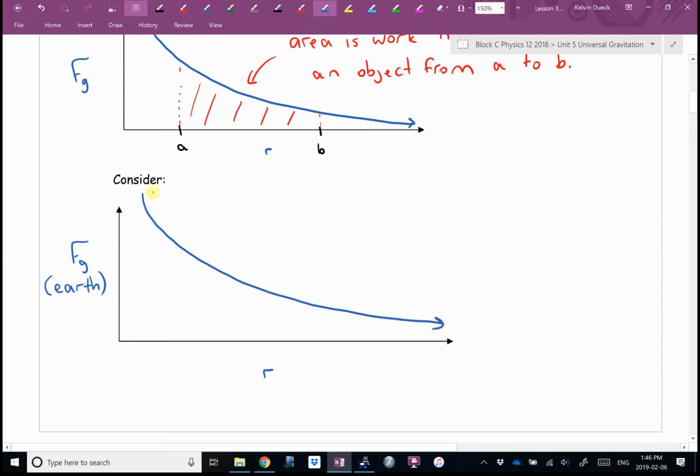But now, instead of putting a random point A and a random point B, I'm going to put a point right about there, and that's going to be the radius of the Earth. This is where the Earth's surface is. The center of the Earth would be right on the y-axis, but I don't care about that. And here, this might be our orbital radius that we want to get to.